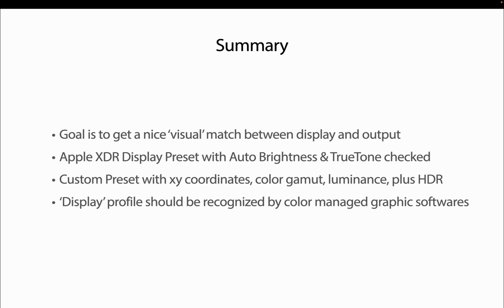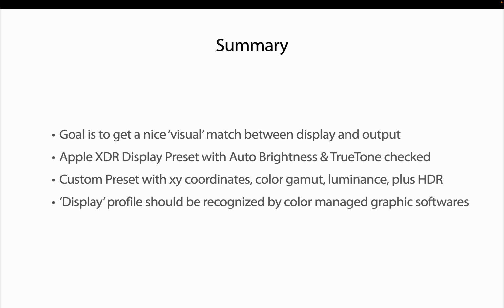so summing up, the goal is to get a nice visual match between the display and the output. Of course, the color on display itself should be accurate. The easier way is to use the Apple XDR preset with True Tone and Auto Brightness control checked. The more accurate and sophisticated way is to pinpoint the white point in XY coordinates and luminance in candela per square meter.